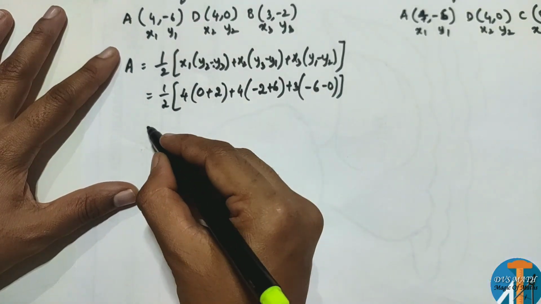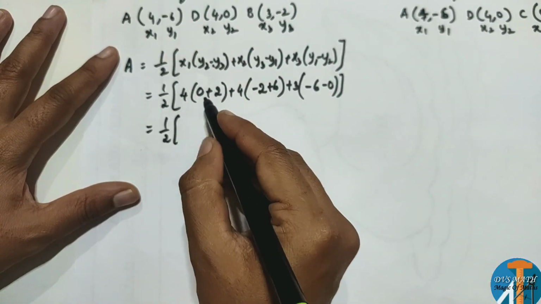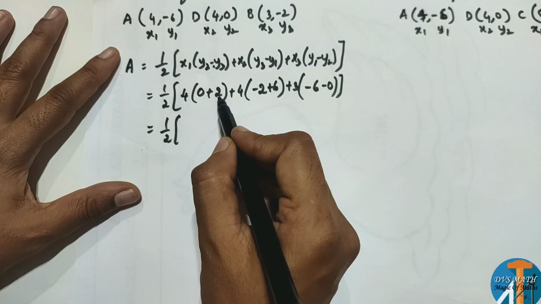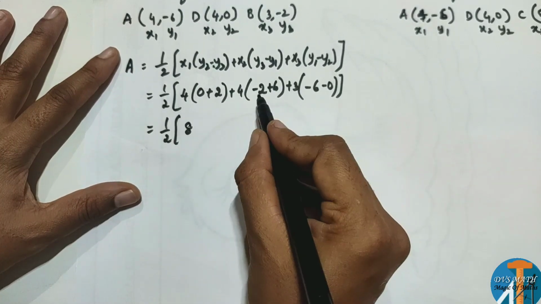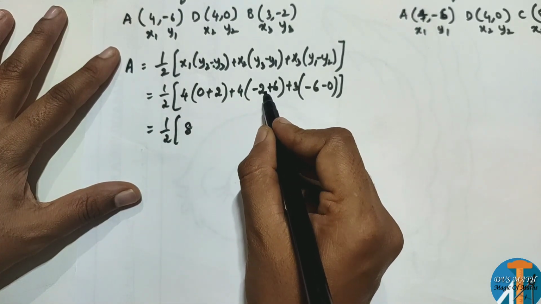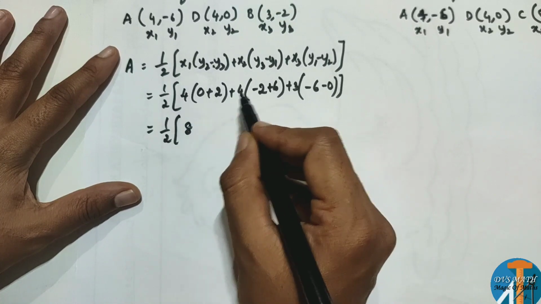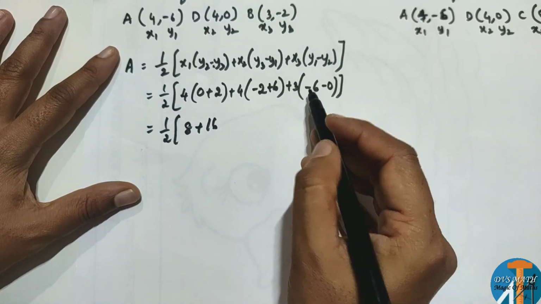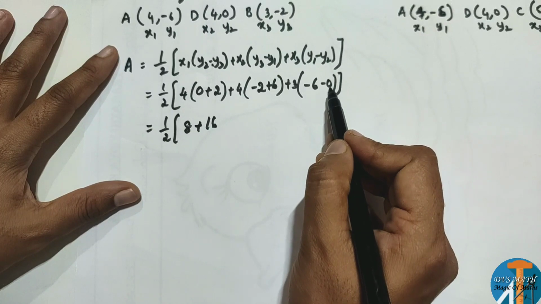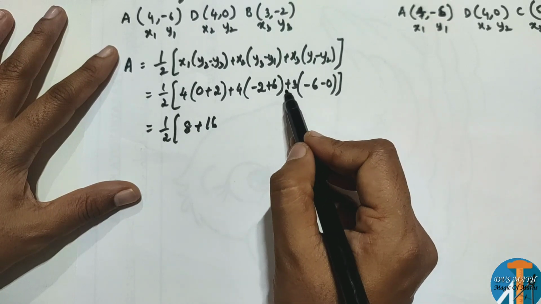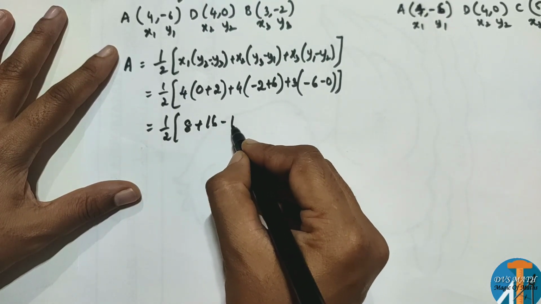Now let us simplify this. Half will be as it is. 0 plus 2 is 2, 2 fours are 8. Minus 2 plus 6 is 4, 4 fours are 16. Then minus 6 minus 0 is minus 6, and minus 6 into 3 is minus 18.